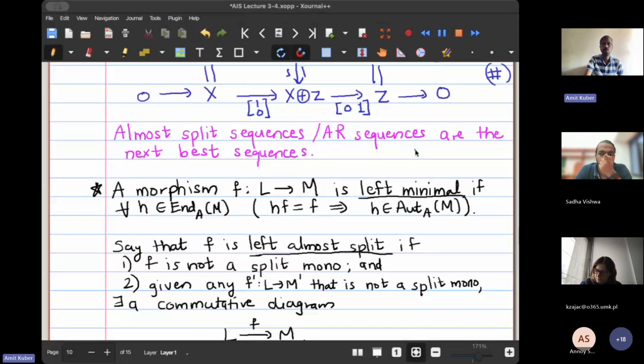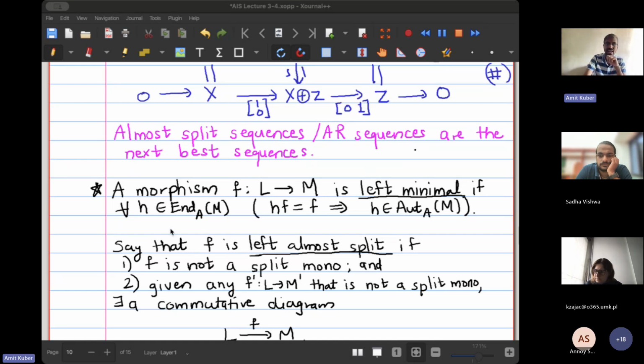So there are two properties we need on these morphisms: left minimality and left almost split. One of them is quite natural if you think about it. Let's do the second one first.